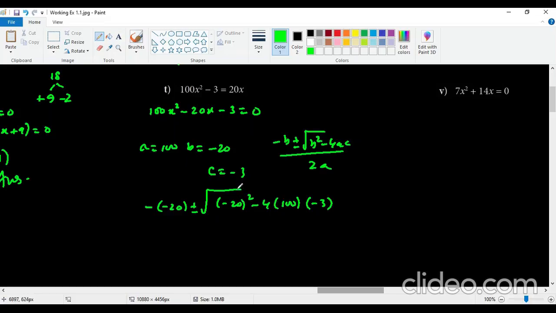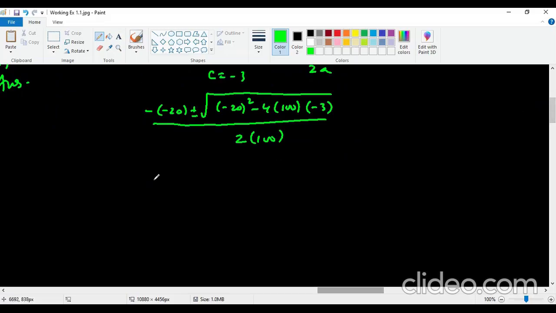So I'm making this a little bigger, over 2 times 100. So altogether, when this calculation is done, you know very well this is going to be a plus 20. There are two values that you should keep in control. This is 400 minus 1200, and minus minus is going to give you a plus over 200.